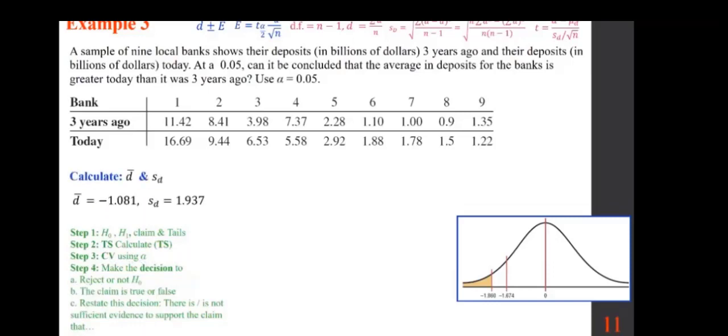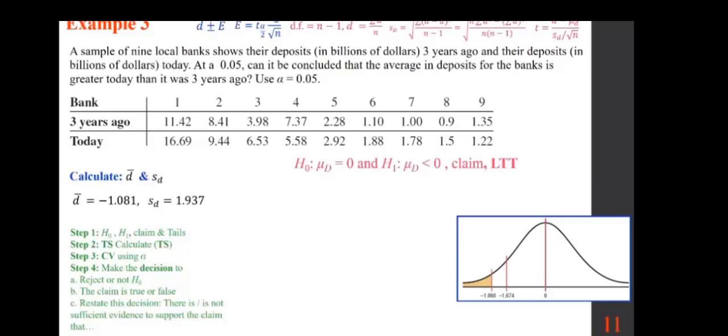So this part, you have to go through the process. You're going to use technology, or you're going to do it by hand. Makes no difference. Here's the answer, so let's move on. We want to see if this is greater. You can say that 3 years ago was less, so mu sub d is less than 0. Left tail test.